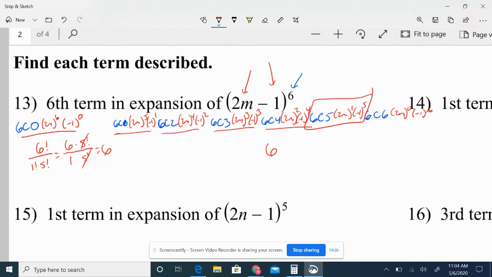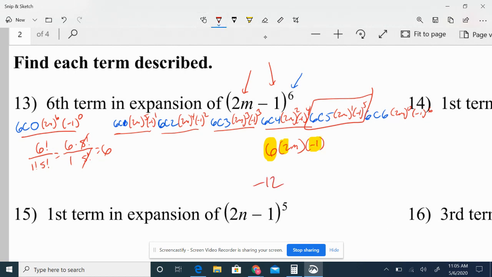2m to the 1 power, isn't that just 2m? Negative 1 to the 5th, isn't that just negative 1? So now, when I combine these, let me multiply my numbers. Numbers I can easily multiply are 6 times 2 times negative 1.